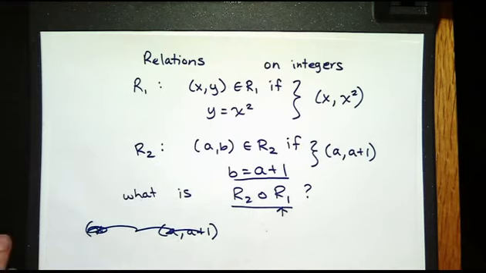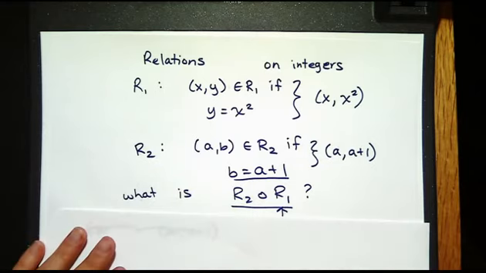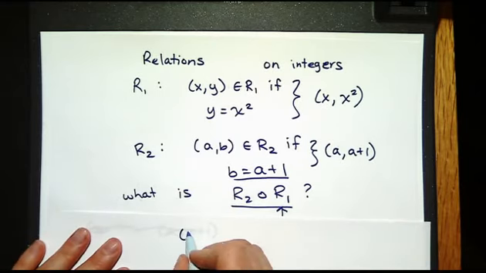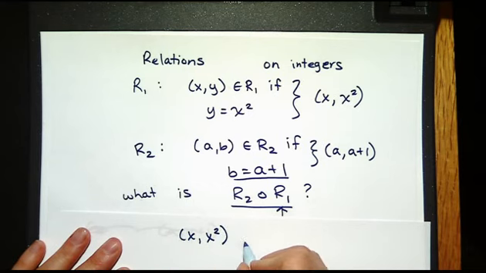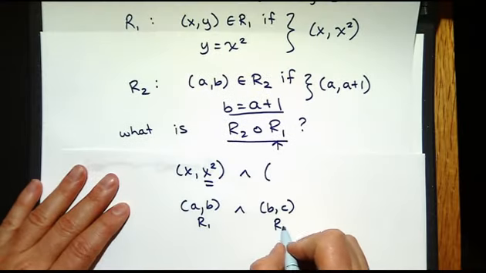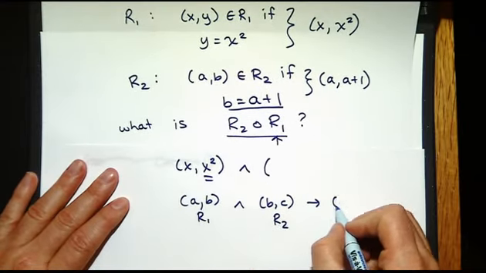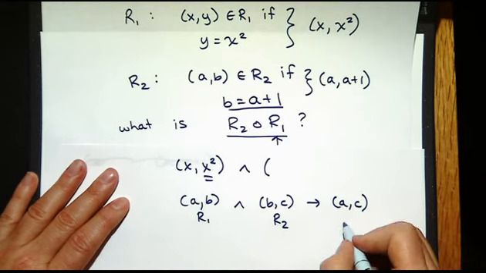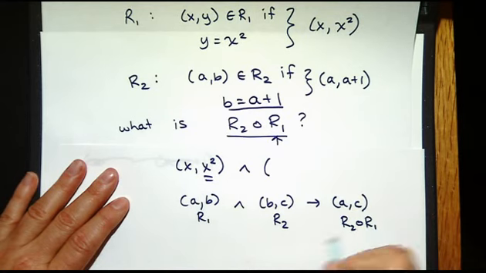So we start with a point. Let's just do it on another piece of paper. Okay, so we're going to start with a point in R1. And we want to match it with a point in R2, but it has to have the same number here. So composition said that if we have AB in R1 and BC in R2, then that means we have AC in R2 composed with R1.